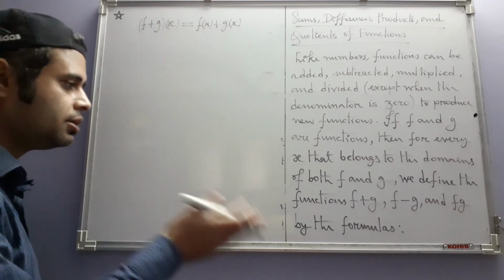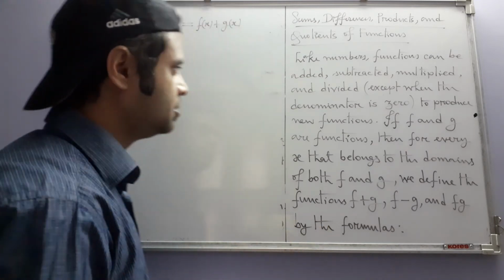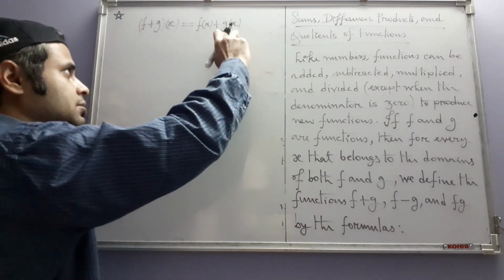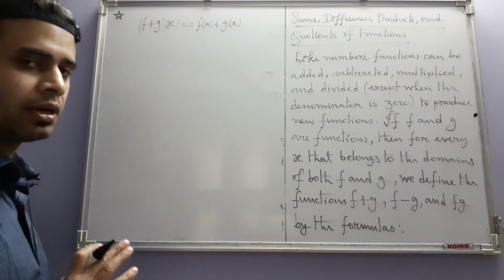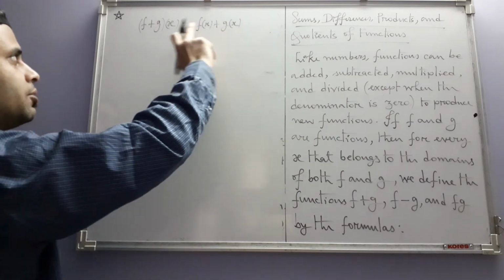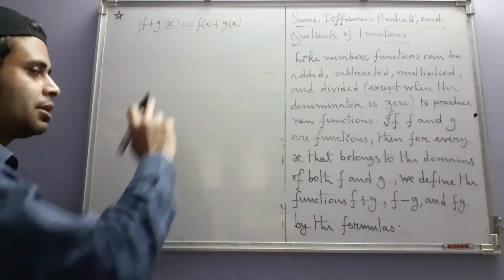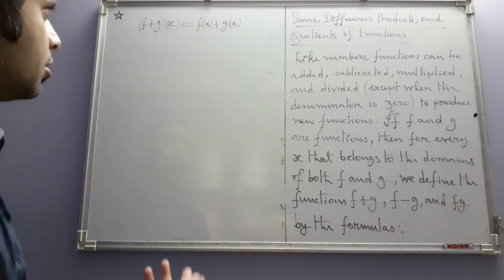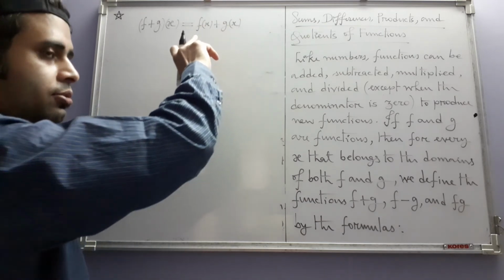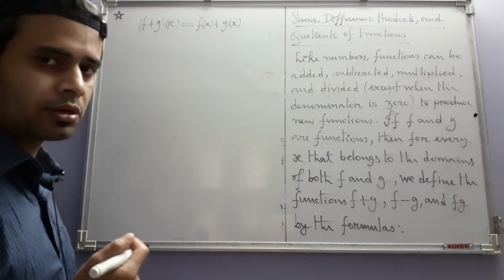And x needs to be in the domain of both f and g to make these expressions well defined. Because if x is, for example, not in the domain of g, then g of x does not make sense. Or for that matter, if x does not belong to the domain of f, then f of x does not make sense.